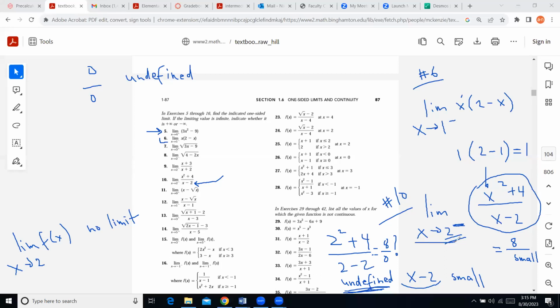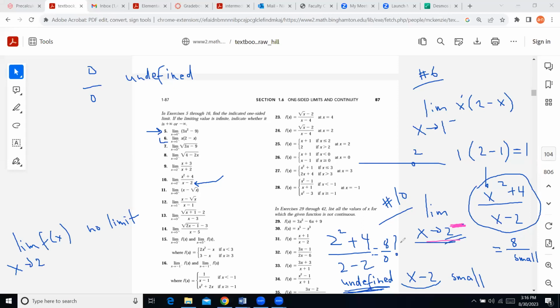if x approaches 2 from the left side. So what is x? Well, it's less than 2. No, let's not hurry. Undefined is when x approaches 2, but yes, I see this minus. That's why I'm talking about this.